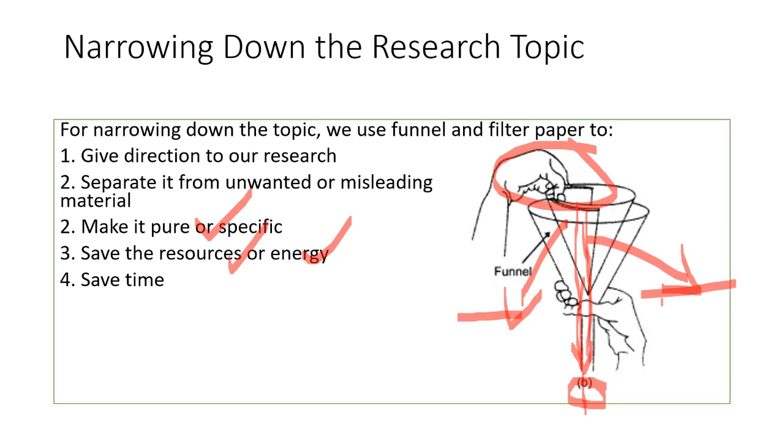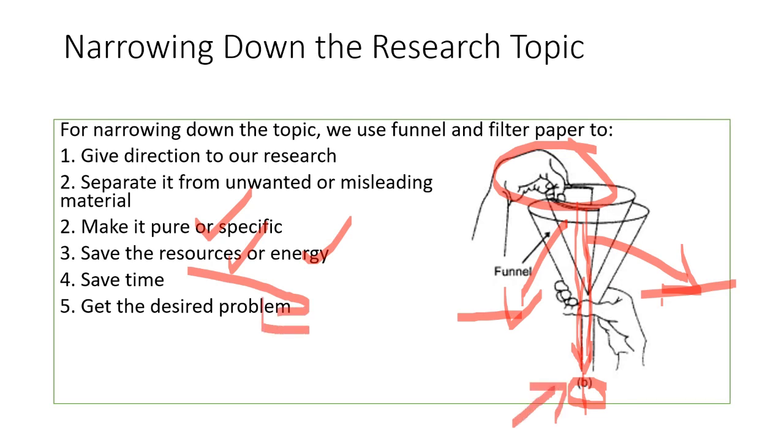If we are to complete work within 6 months, it would be possible that we may do it in 3 or 4 months. Okay, understand this one? All this will lead us to our desired problem on which we want to get an answer. All this filtration will give us direction and take us to the topic or the objectives, what we want to answer.